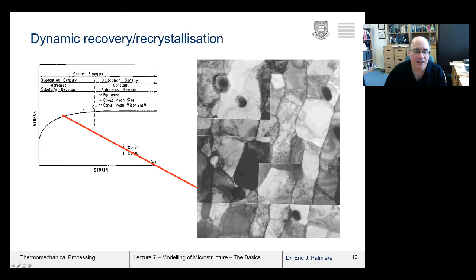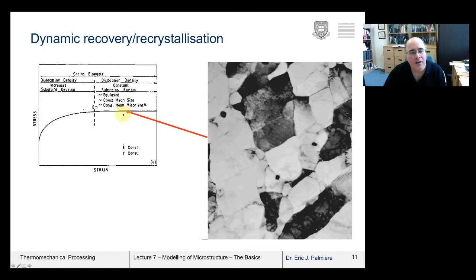And indeed, if we take it a step further, we look later on, during the process of the dynamic recovery of that steel, then we see a further change in terms of the grains, the subgrains, and the intensity of that. So we can see this evolution, if you like, of microstructure. We can experimentally measure it, but the moral of the story is that it takes a lot of time.